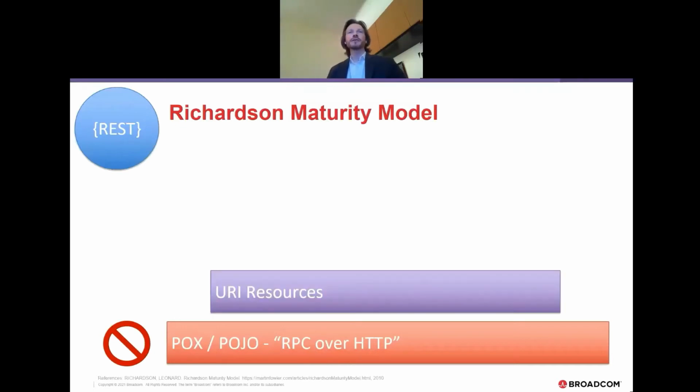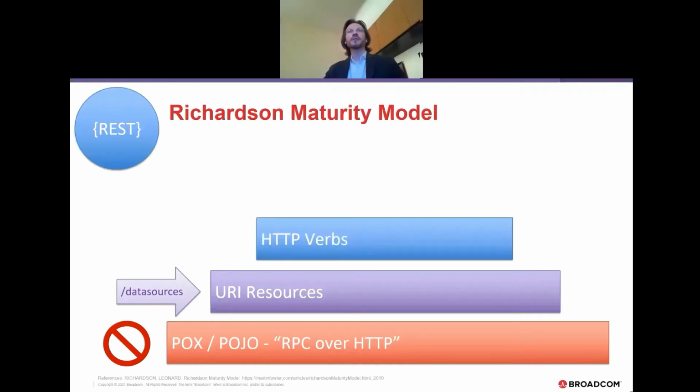Building up from there, our first step is to do what I described a moment ago, which is to define resources in your domain, things like data sources and users and so forth. This gives you a representation of the kinds of things you can interact with reusably. On top of that, you want to use the clear semantics of REST, the HTTP verbs, and this is our GET, PUT, POST, and DELETE, and all of the standard response codes that are normally implemented as part of these web mechanisms.